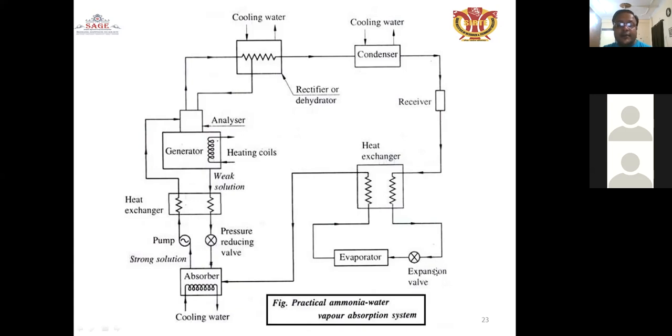This evaporator absorbs a high amount of heat from the substance which is required to be cooled, and the heat exchanger passes the refrigerant vapor, where it will be cooled in the substance passing through the absorber.